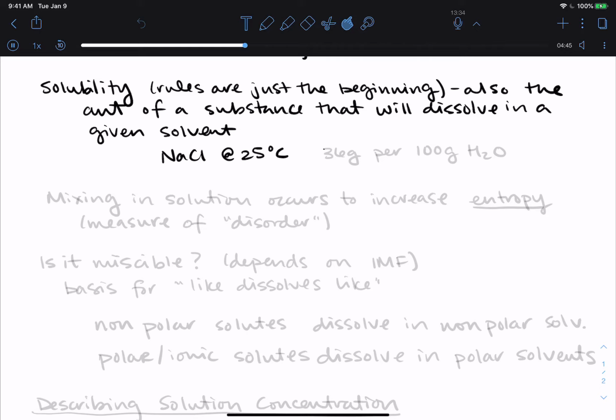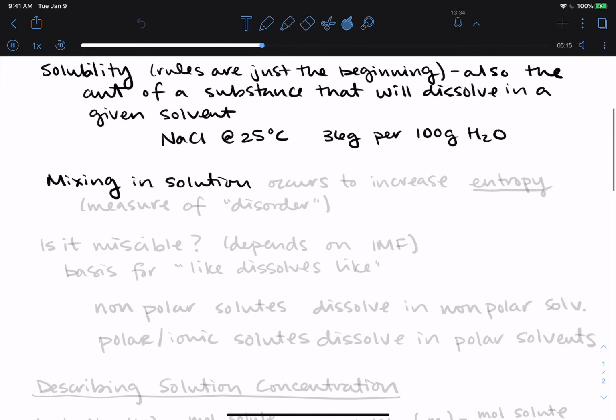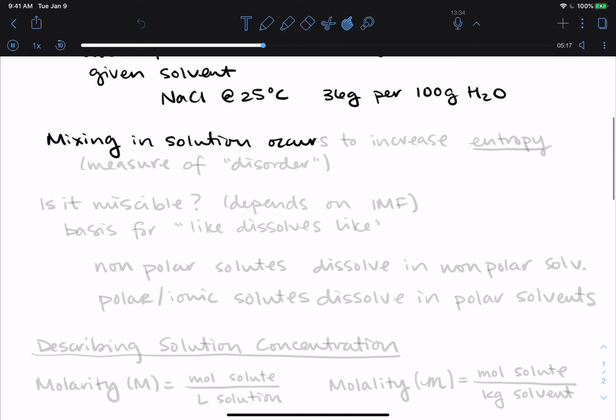All right, so the thing that is driving this spontaneous mixing in most cases, sometimes we get a little bit of help from some other areas, but mixing in solution occurs to increase entropy.